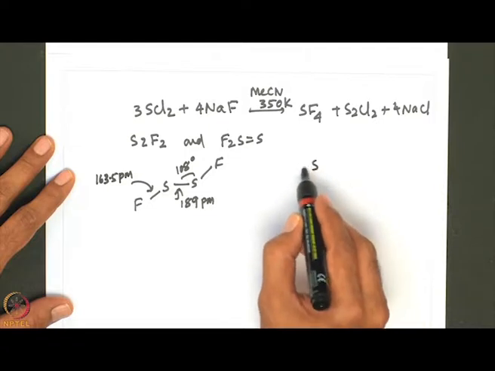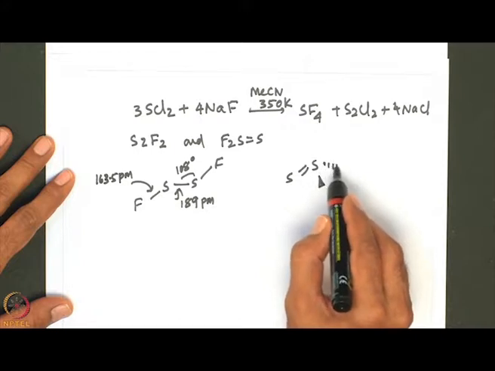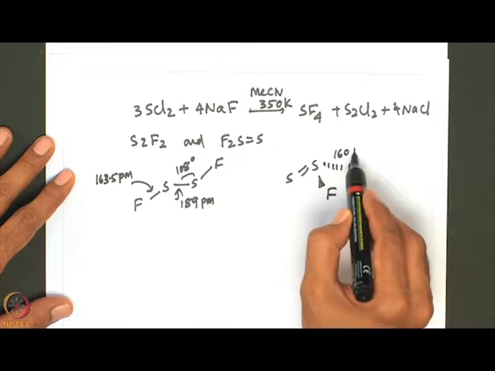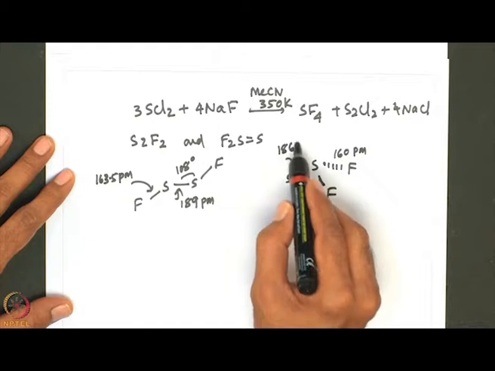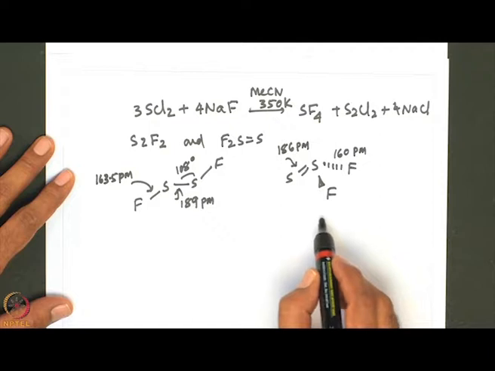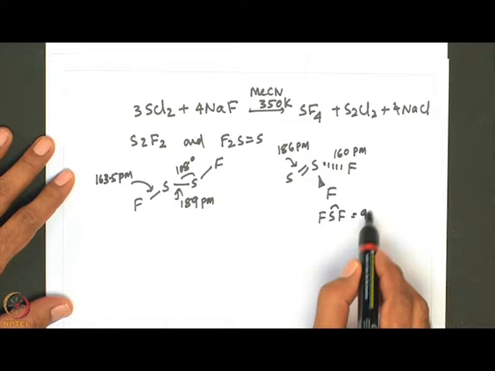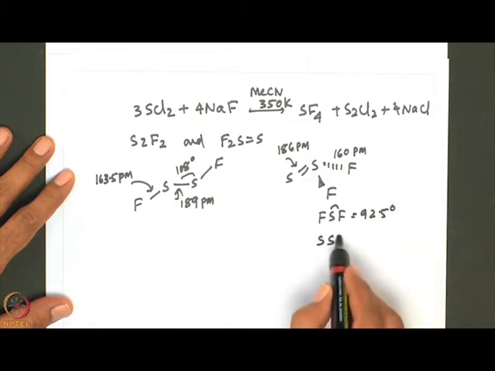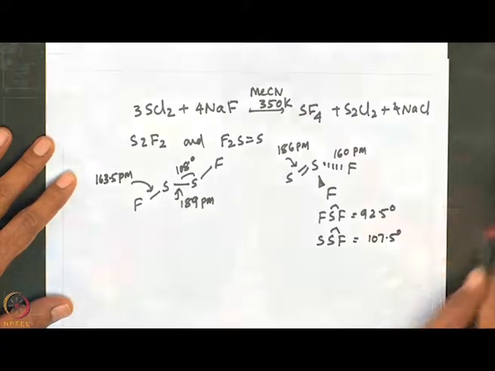Other structure is, and here it is 160 picometer and here the SS bond distance is 186 picometer and here FSF angle is 92.5 degree whereas SSF angle is 107.5 degree.